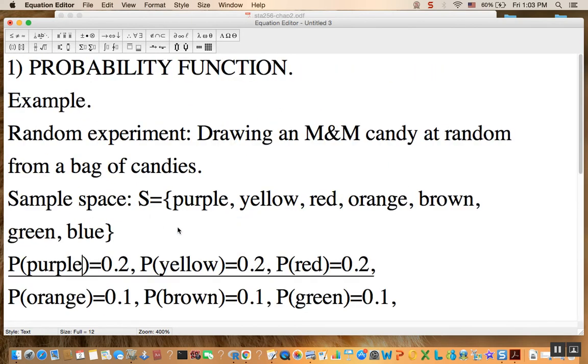So now let's pay attention to this. We know that the probability of the sample space, the probability of drawing either of those 7 colors must be 1. You're going to draw one of those colors. So the probability of the sample space is 1.